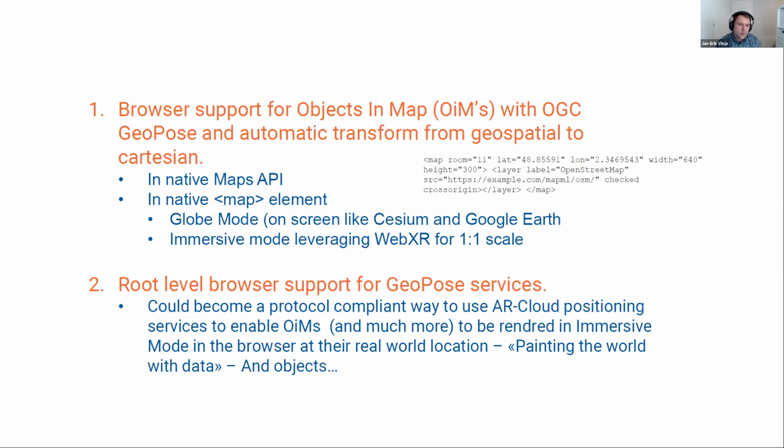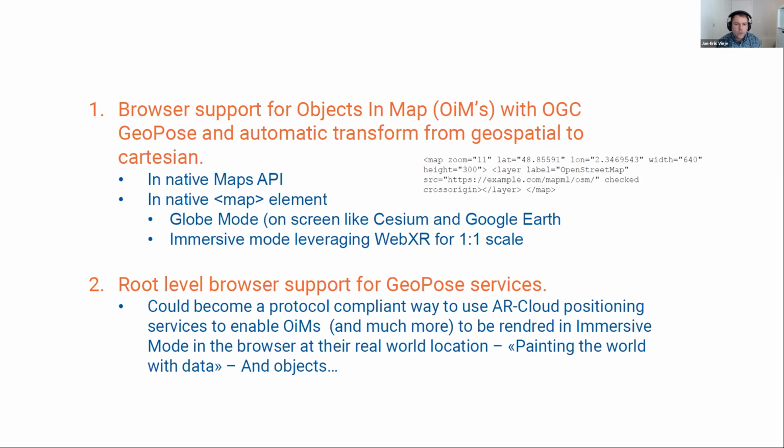And OpenAR Cloud is working on developing a universal protocol where clients can speak to AR cloud positioning services, what we call GeoPose services, to obtain the device pose. Then you might end up with centimeter or a few centimeters accuracy at the current level of technology.